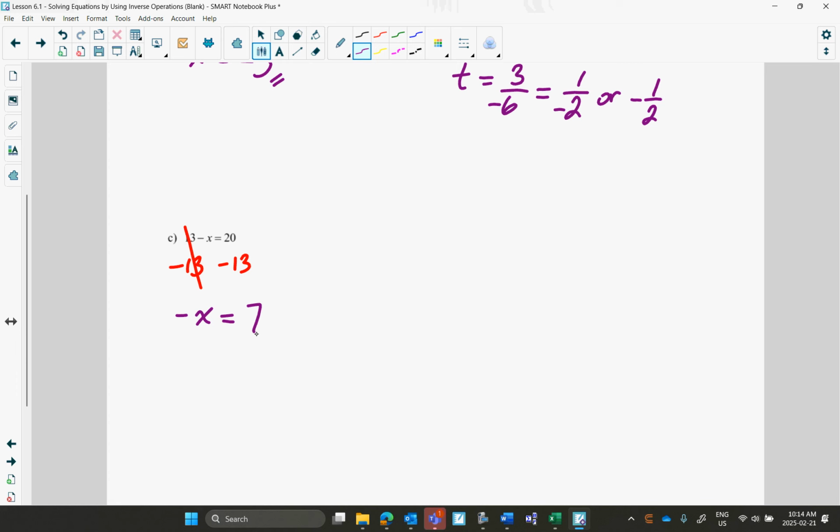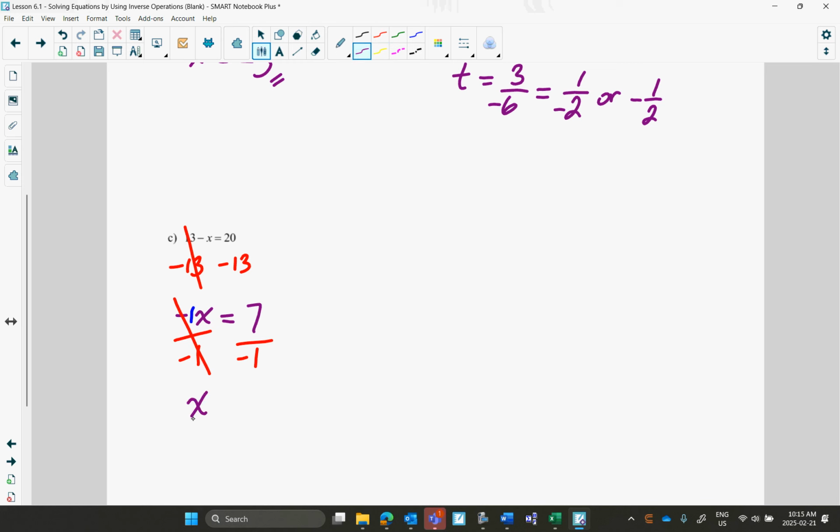We're really close. But think, what number goes here? 1. So isn't -x the same as times -1? How do you get rid of times -1? Divide -1. And they cancel. So on the right, I got to do 7 divide -1 for this one.